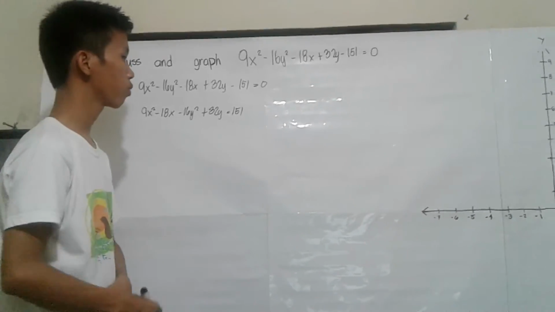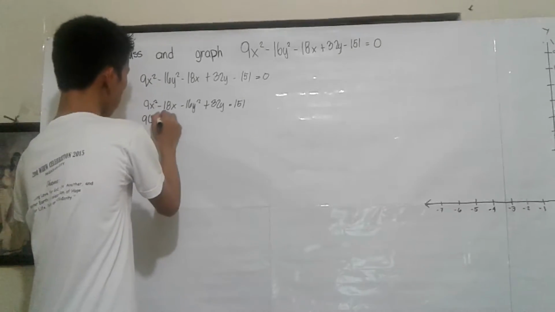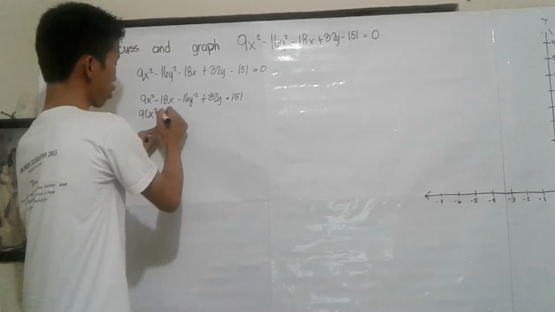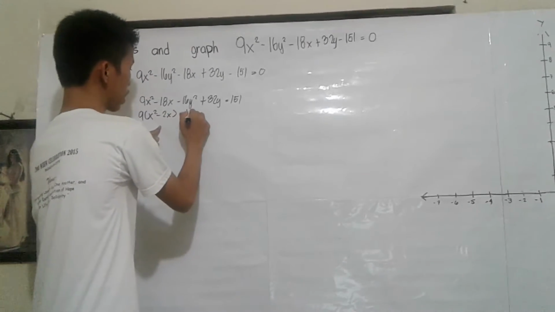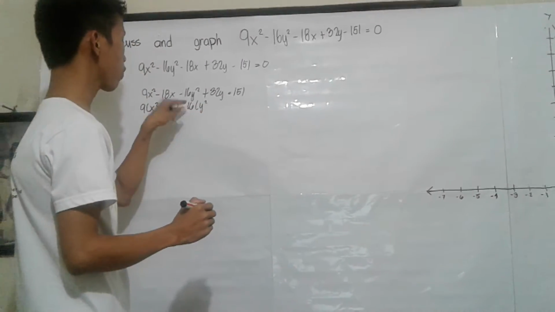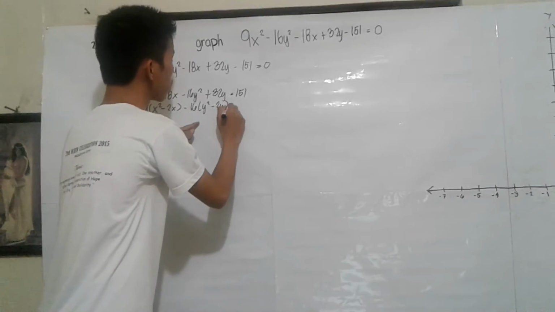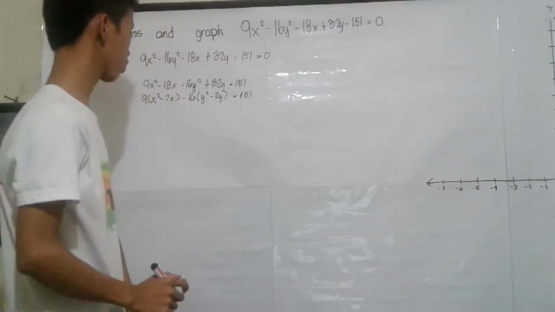Next is simplify the whole equation. It will become binomial. So it will become 9 times x squared minus 18 divided by 9, which is 2x, plus 16 times y squared, 32 divided by negative 16 is negative 2y, is equal to 151.